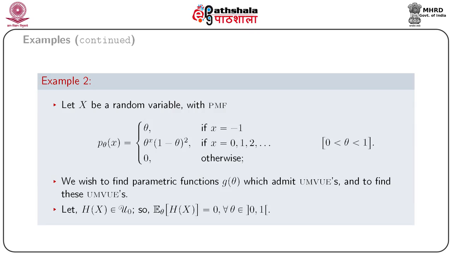Suppose we want to find the parametric functions g(θ) which admit a UMVUE, and also to find such estimators. Let h(x) be an unbiased estimator of 0.